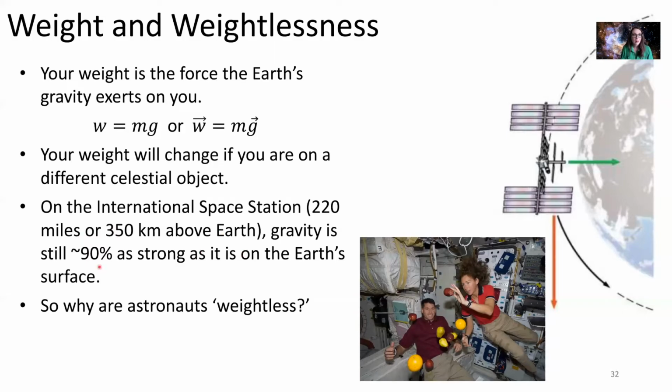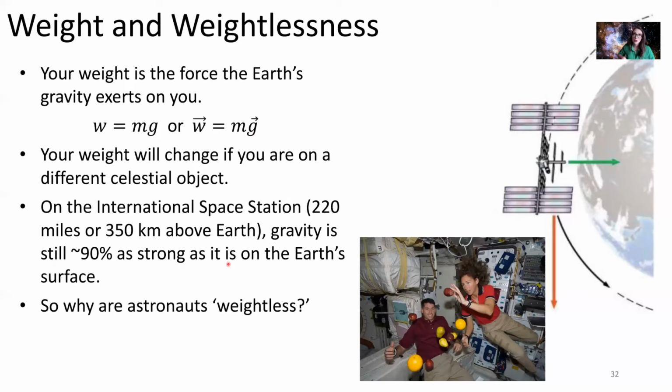Okay, but at that height above the Earth's surface, the gravity from Earth is still 90% as strong as it is on the Earth's surface. So you have to go pretty far out away from our Earth in order to feel a large reduction of this surface gravity of the planet.